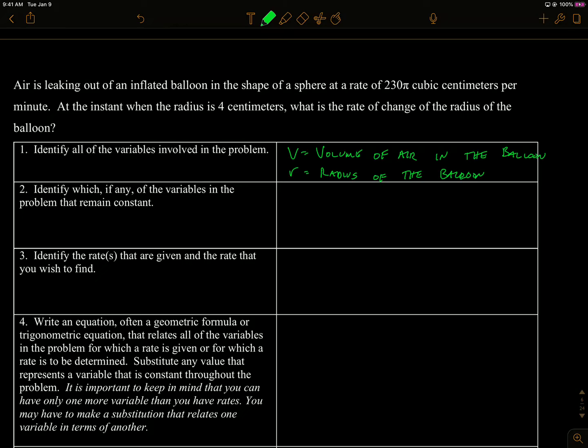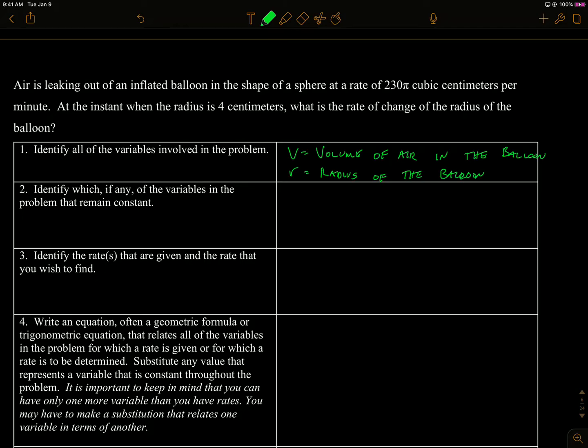So when we go to find the derivative, we're going to want as few variables as possible to make our job a little easier. So we have to picture this balloon in motion. As I said, things are changing. As the air is leaking out of the balloon, what is happening to the balloon? It's getting smaller. So if either one of these variables are not changing, we can just treat them as constants.